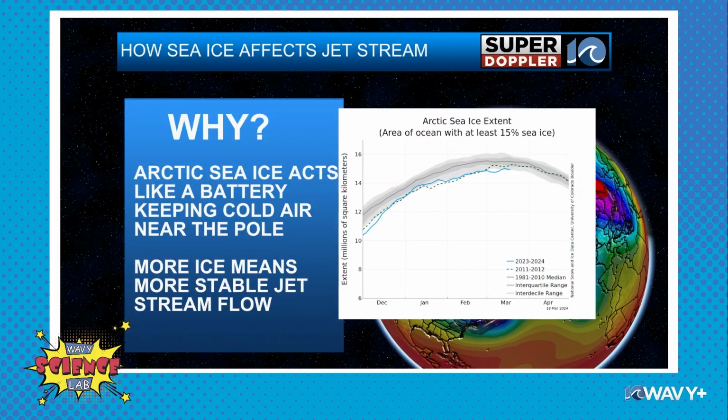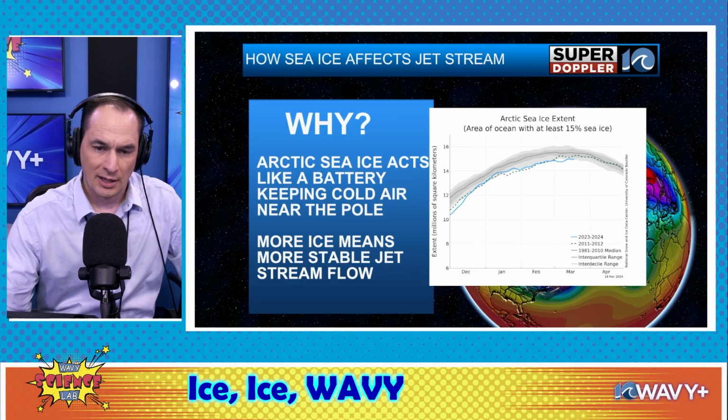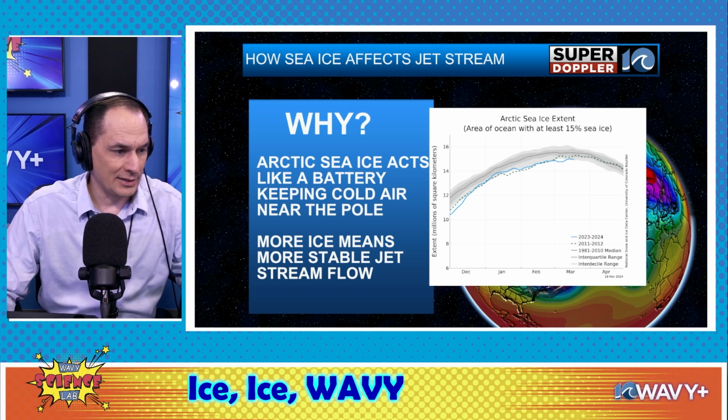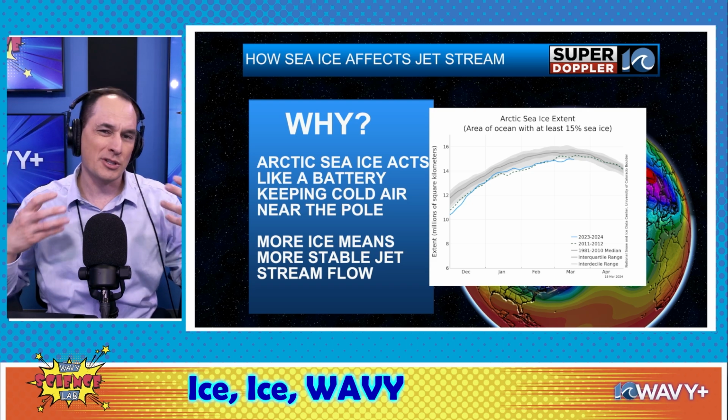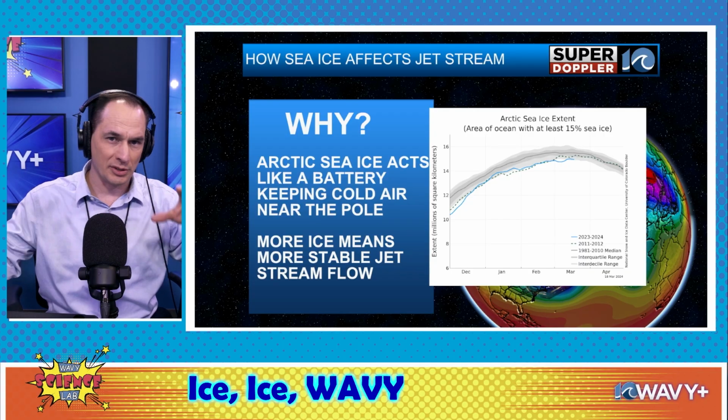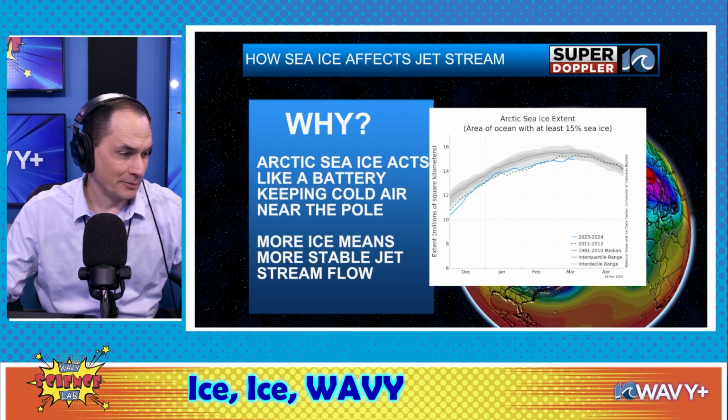And so now we're getting more instability, and we're getting these colder shots that come down. We always had colder shots, but I think it's becoming more common to get these warm blobs moving up into the Arctic this time of year, in the wintertime, and then the warm air goes up, so it pushes the cold air down. I think we're just seeing more of that, more instability, more kind of wild weather.